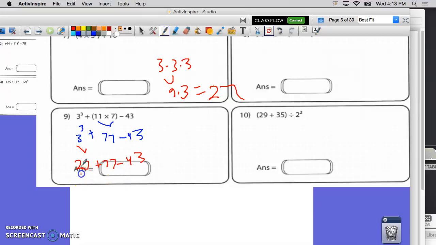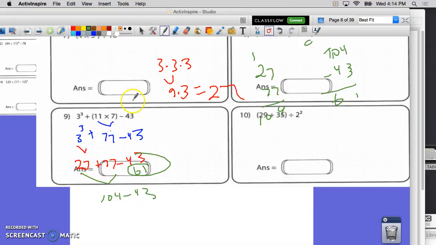Okay, so do your 27 plus 77 first. That's 104. So I have 104 minus 43. Okay, so I have a 1 here, changes that to 0. 61. My total answer here, 61.